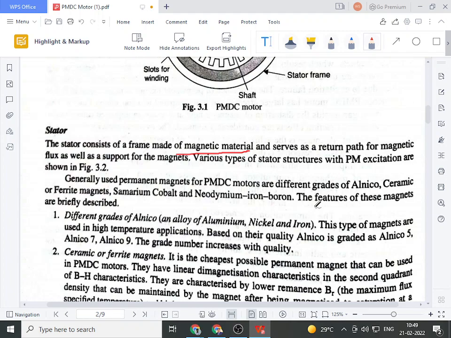So the yoke and stator frame of a DC machine is always made up of a magnetic material, because that allows the flow or formation of a magnetic field. The stator serves as the return path for the magnetic flux, and it also provides mechanical support to the permanent magnets which are fixed inside the stator.